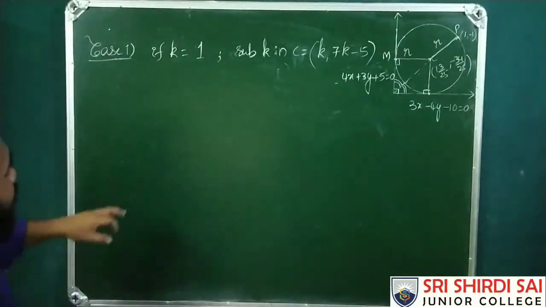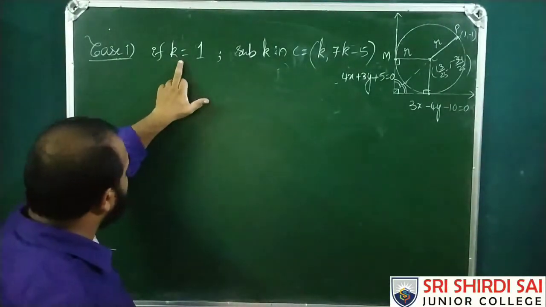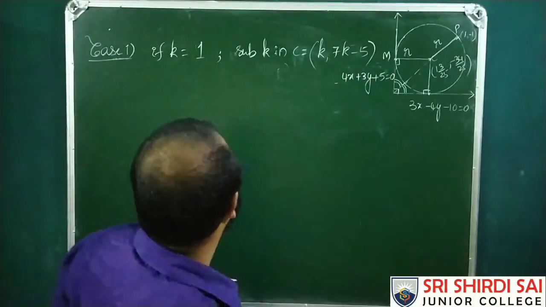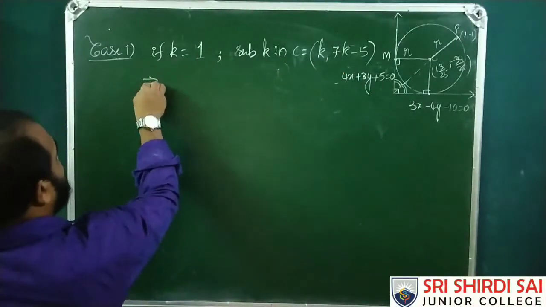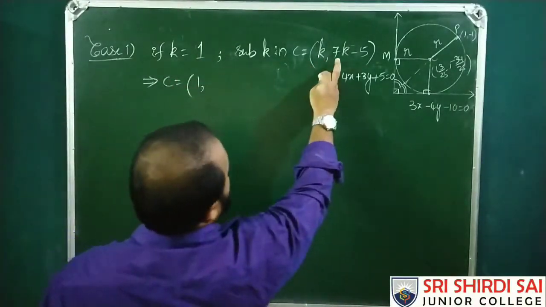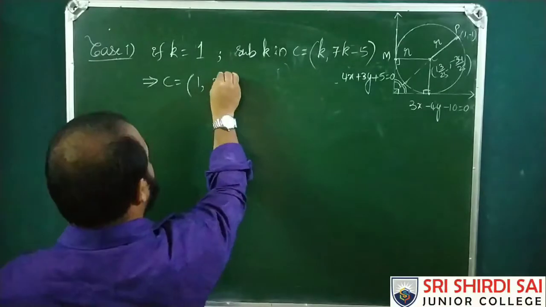Now the second case is, if k equals 1, substitute k in c equals 7k minus 5, then c is equal to, k is 1, 7 ones are 7 minus 5 is 2.